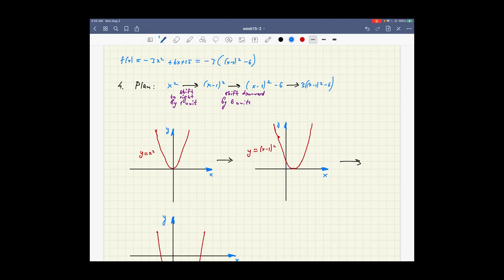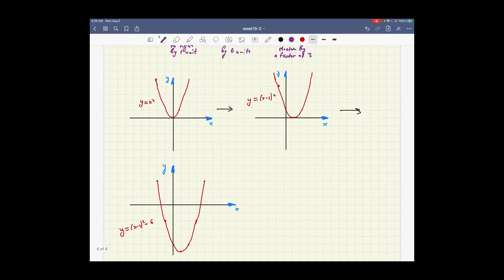So that'll be a vertical stretch by a factor of 3. Note, by the way, that we will need to stretch the vertical shift of negative 6 too.